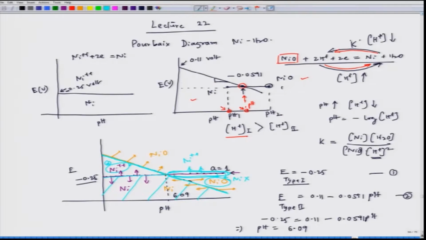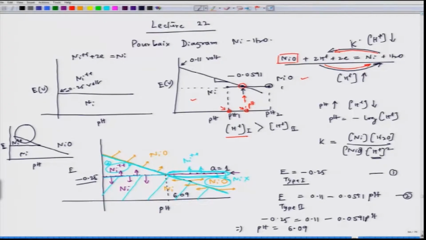Finally, if we club it, it should be like this. So, we know this is Ni, this is NiO, this is Ni plus plus, but we have no idea what is going on here.